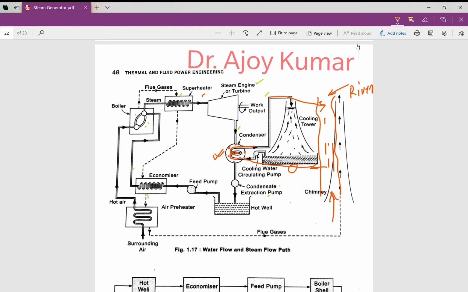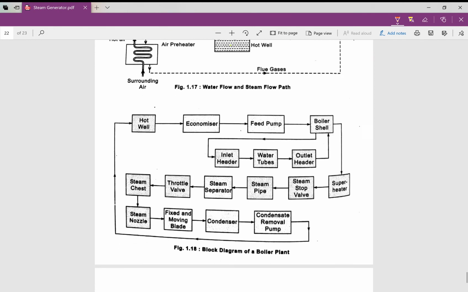And henceforth there is no harm in selecting a site like this if a river is flowing nearby a power plant, right? So I think there could be no problem in understanding the concept of a thermal power plant or steam power plant.